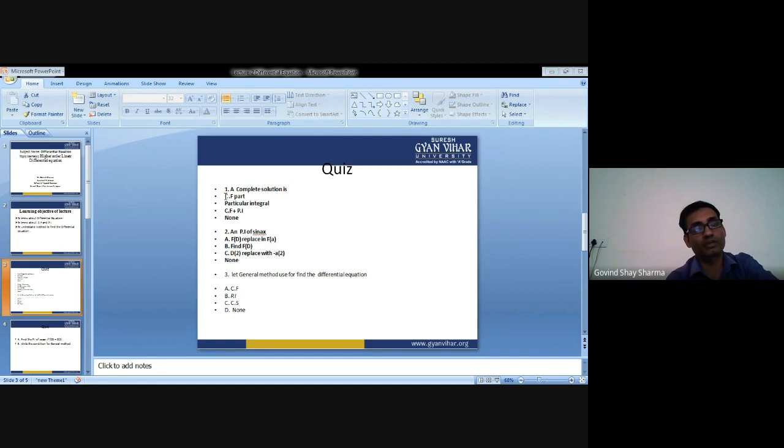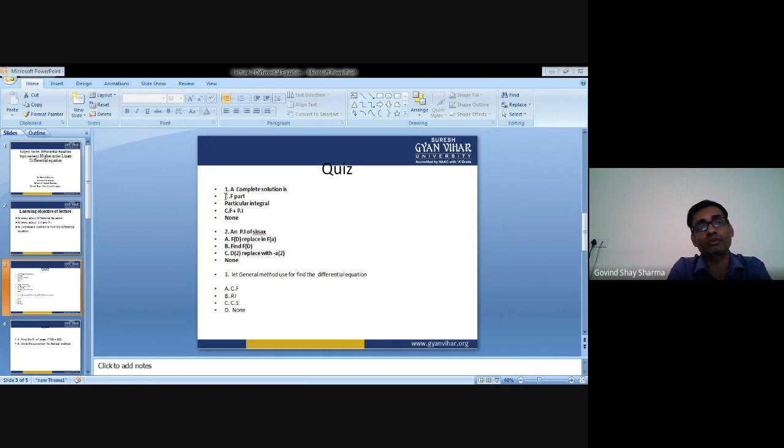F(D) is replaced by F(a) when, in the second special case, we discuss cos alpha x, sin alpha x. Here he is asking about sin ax. Then I told you that D square is replaced by minus alpha square. So F(D) replaced by F(a) is wrong.